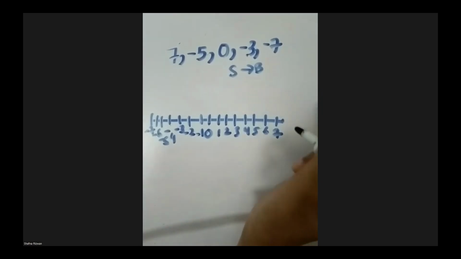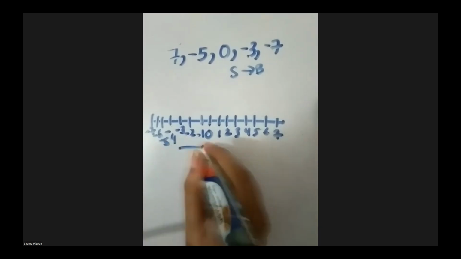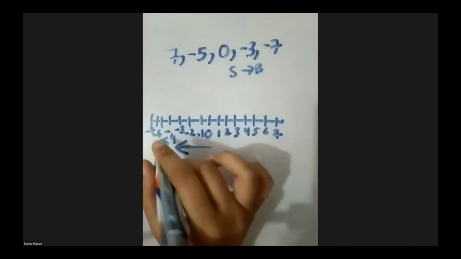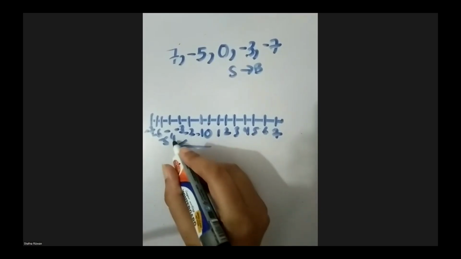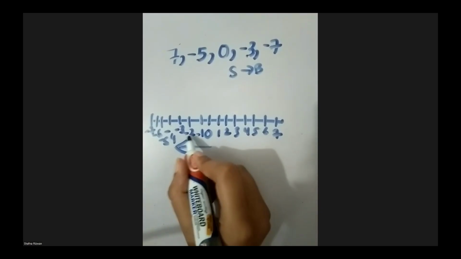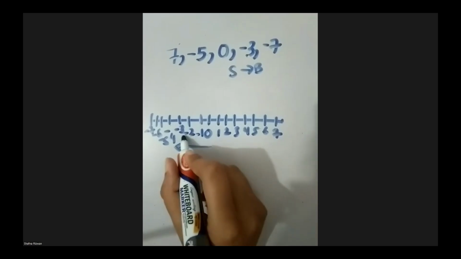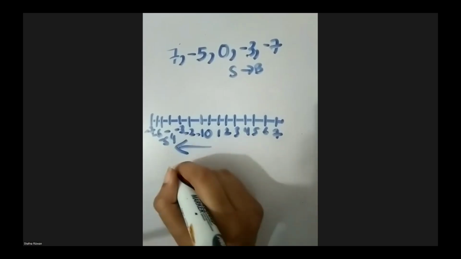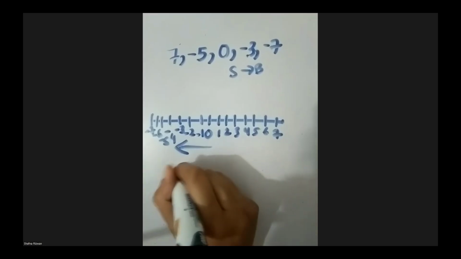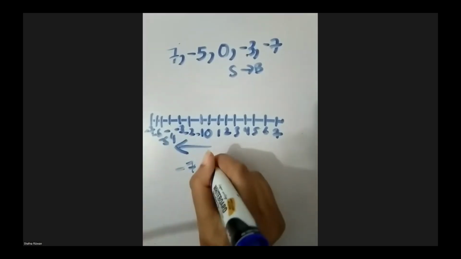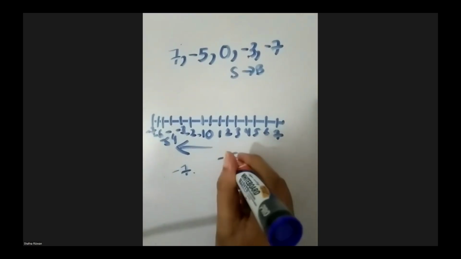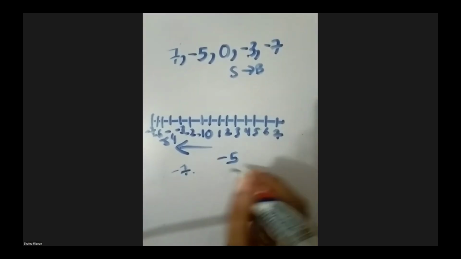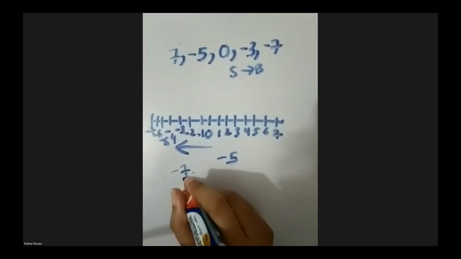Always remember, whenever you all are going to the left hand side in the number line, when the negative number becomes larger or bigger, so if I take like here, minus 7 is there and minus 5 is there, no. Both are negative numbers.